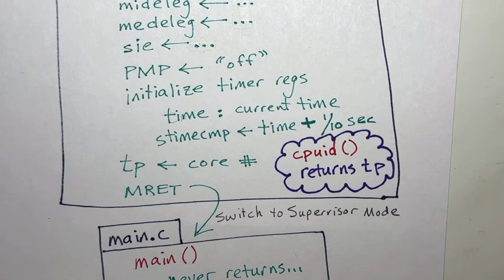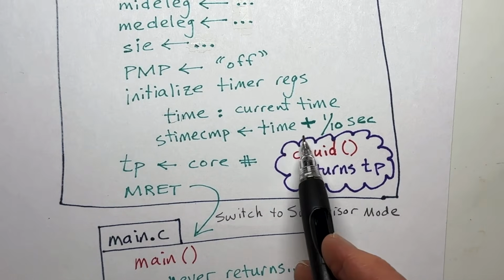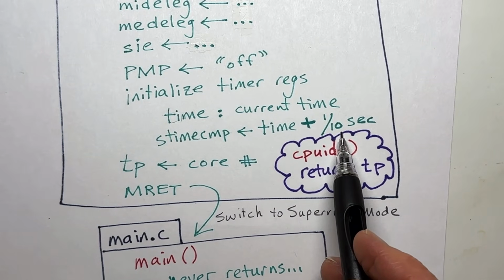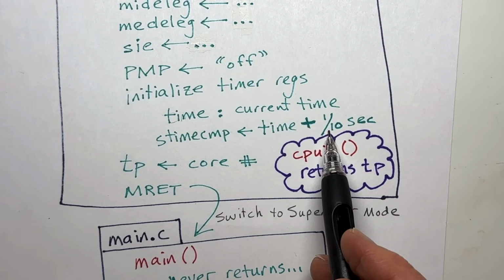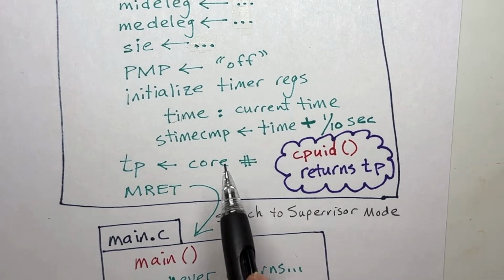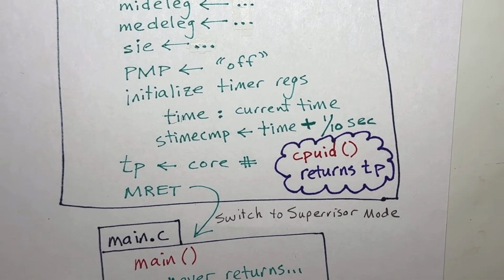After each timer interrupt, this register will be incremented by 1/10 of a second to schedule the next timer interrupt. The start code will initialize the register to schedule the first timer interrupt to get things going. The delay of 1/10 of a second will be enough time for the kernel to initialize everything and be ready to deal with that first interrupt when it happens.